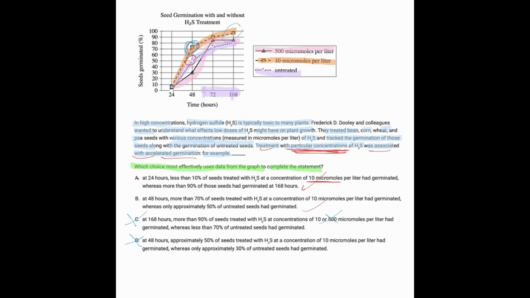So there's no comparison in A between the treated and untreated, but B does have that. It says more than 70% of the seeds treated at 10 had germinated at a certain time, whereas approximately 50% of the untreated had germinated. So right there, you're getting that comparison that the treatment with the hydrogen sulfide actually was beneficial. So the answer here is B.